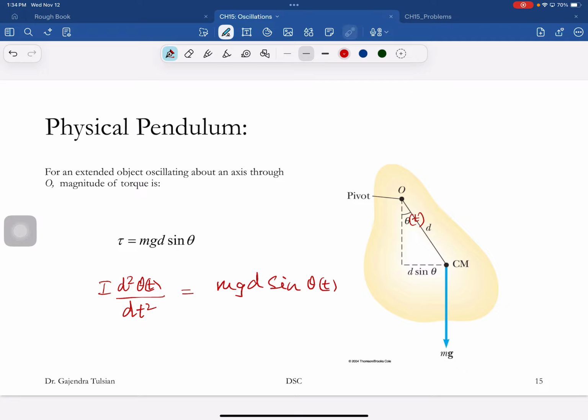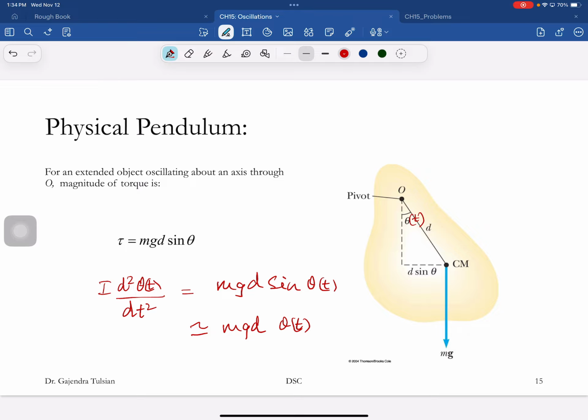And we just told you a second ago that if theta is less than 0.1 radians, then sine theta is equal to theta.